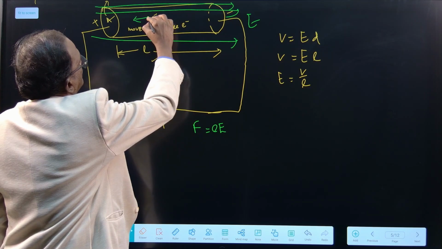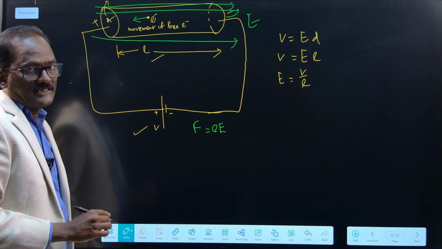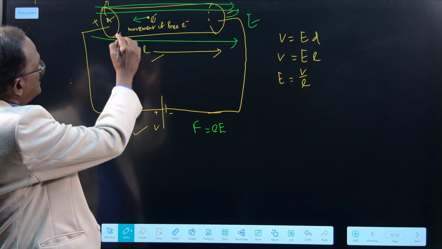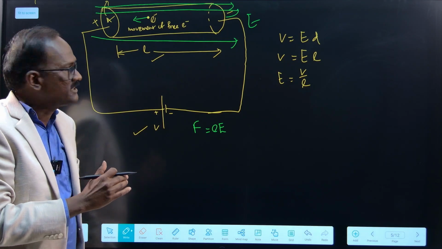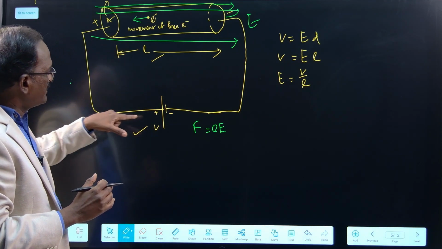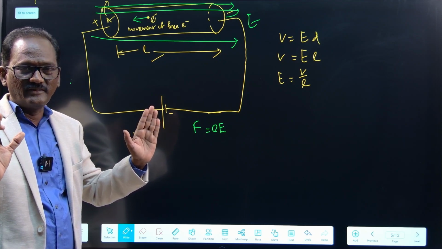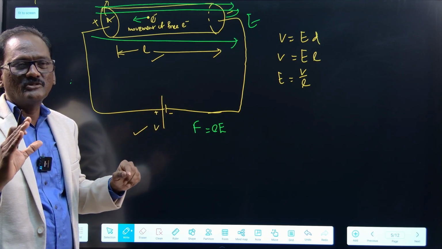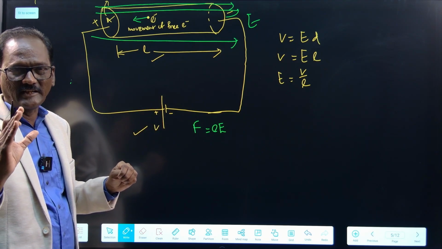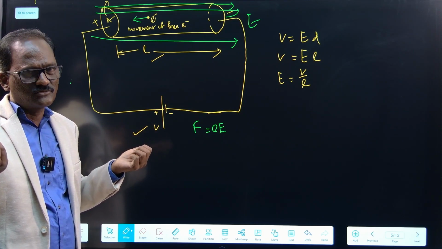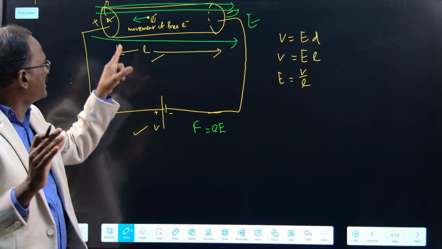Only one electron I have considered. Let us discuss with only one electron. This electron is moving towards this end. In the previous case, the two ends were left free. They are dead ends, so the electron cannot move out of the conductor. So no motion was obtained. No current was there. Right?